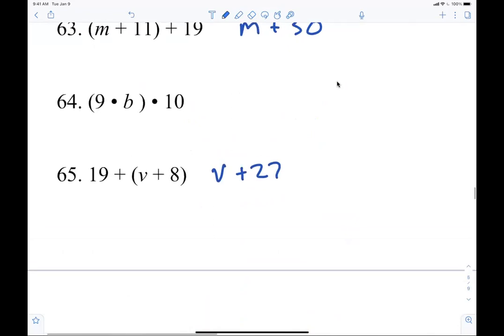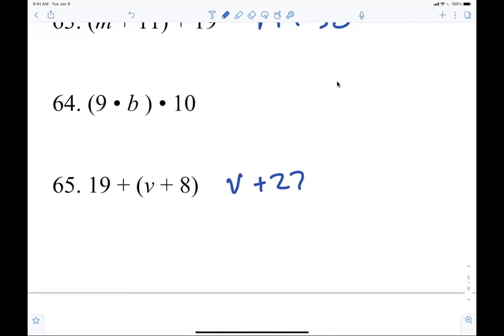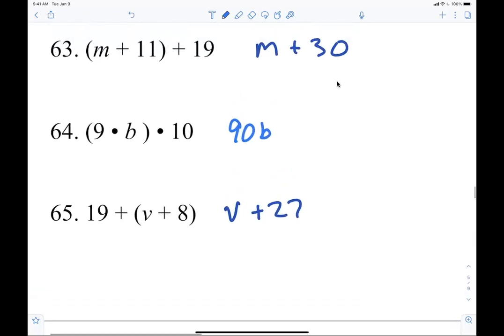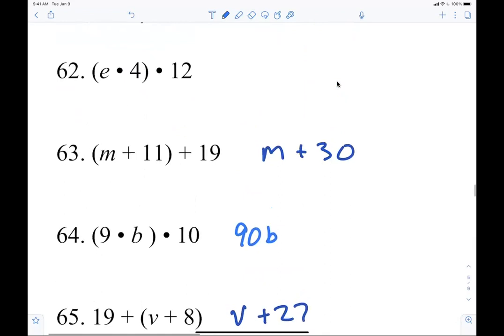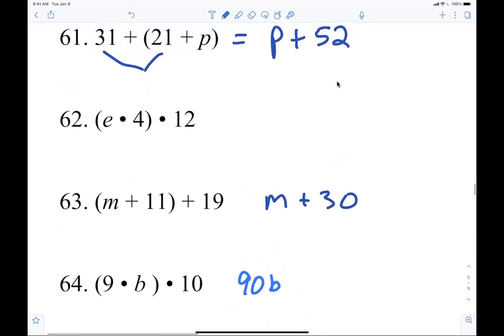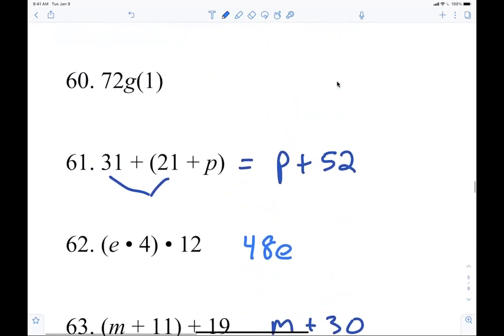All right, 64. Nora. 64. 90B. You got the right answer. Thank you, Nora. All right, Miss Addison, it would be 48E. You are correct. Thank you. All right, here we go.